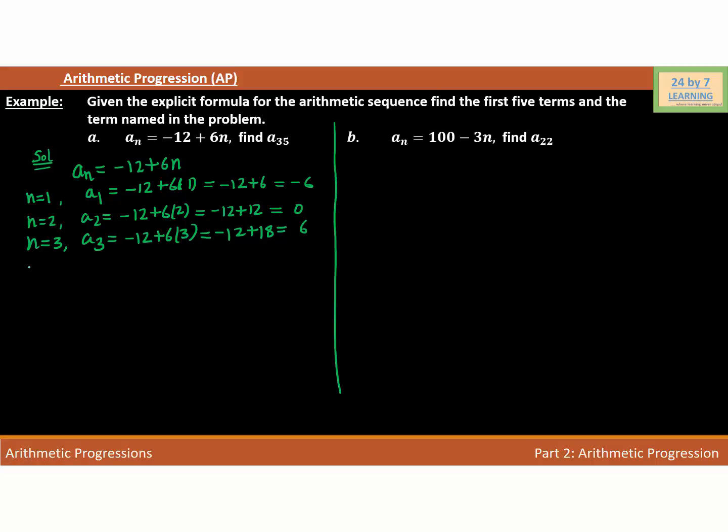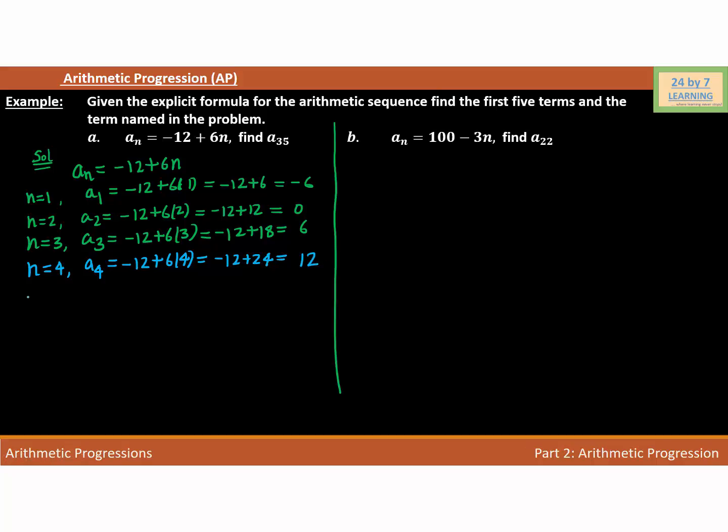Now let's write the fourth term. n is equal to 4, and a4 is equal to -12 plus 6 times 4, and 6 times 4 is 24. So -12 plus 24 is positive 12.